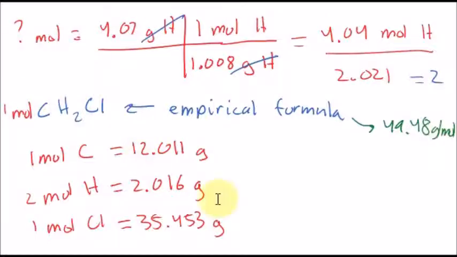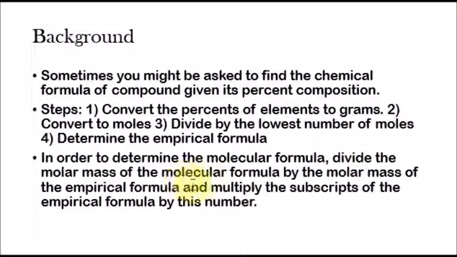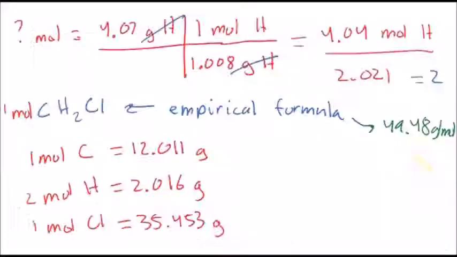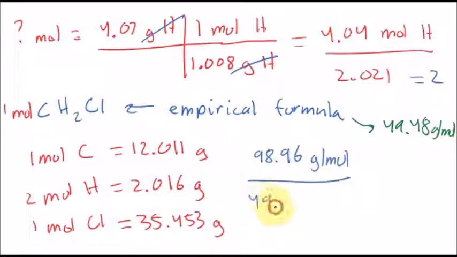From here, we're going to divide the molar mass of the molecular formula by the molar mass of the empirical formula. The question says that the molar mass of the molecular formula is 98.96 grams per mole. We're going to divide that by the molar mass of the empirical formula, so 98.96 grams per mole divided by 49.48 grams per mole, and this is going to equal 2.